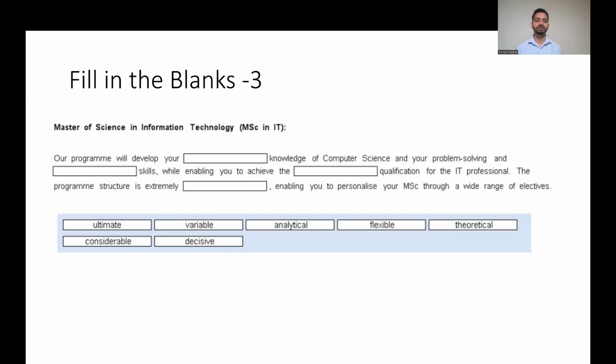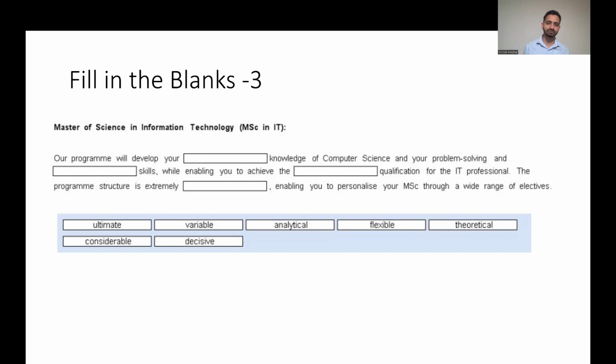Our program will develop your analytical knowledge of computer science, right? So if you think about what kind of knowledge a program will develop, it can be analytical, it can be theoretical as well. Theoretical knowledge of computer science, and your problem solving. I'll have to see if theoretical is applied somewhere else, or analytical is more appropriate somewhere else, right?